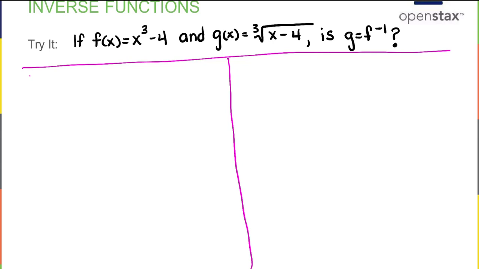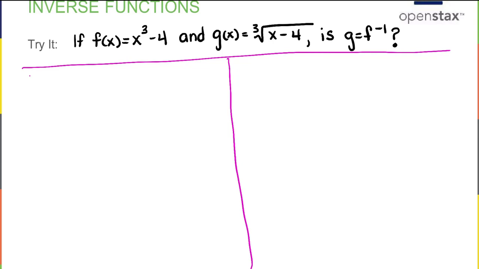So when I do a cube of a cube root, they cancel each other out and just leave what's inside, x minus 4, and I get x minus 8. That does not equal x, so these two functions are not inverses of one another.